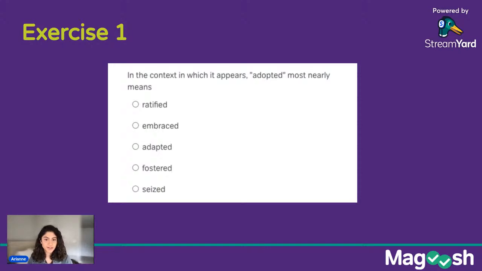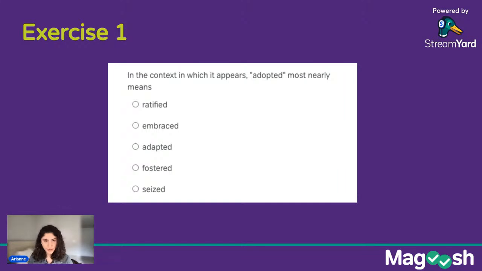D, fostered. Fostered is good because adopted and foster have a lot in common, but also think about the connotation in which foster is used. Foster is when you take in something or someone, like the fostering care system, and you help them grow, you nurture them.